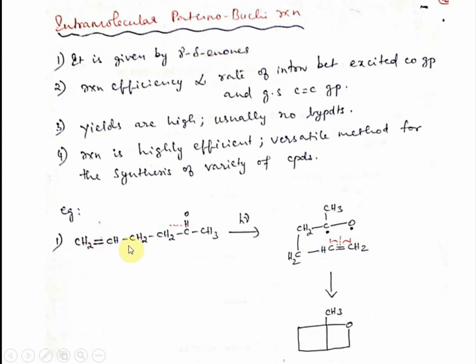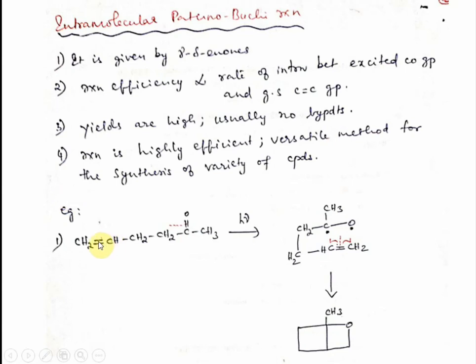See here in this substrate we can see alkene functional group and also ketone functional group. So first, in presence of light, the ketone, that is the C=O bond, will get cleaved homolytically. Oxygen will have one electron, carbon will have one electron, and a biradical will be formed.